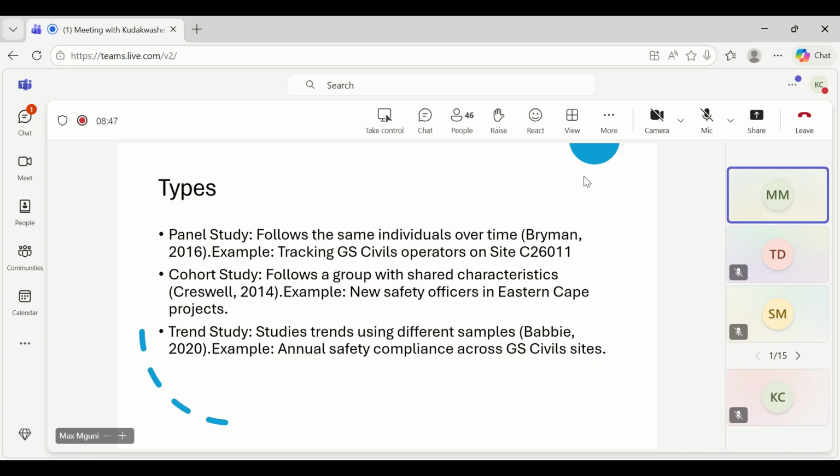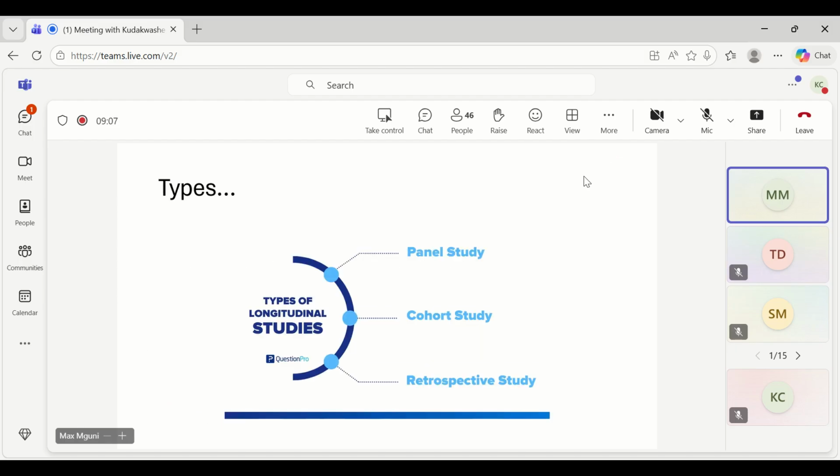How are these safety officers performing in terms of competence or their understanding of legislation? So you look at them over a period of time. Trend study, these are studies using different samples. For example, annual safety compliance across all GS Civils sites. So this is just an illustration of the types of longitudinal studies.